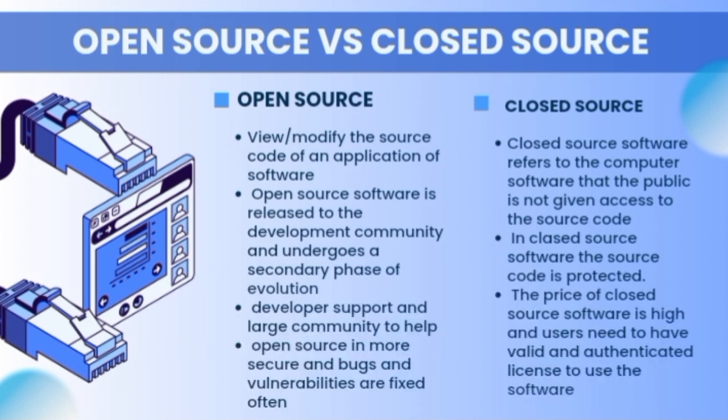So, what is the difference between open source and closed source? Open source software is free, flexible, and driven by a community of contributors. For example, WordPress, an open source platform, allows anyone to create and customize websites without paying for licenses.